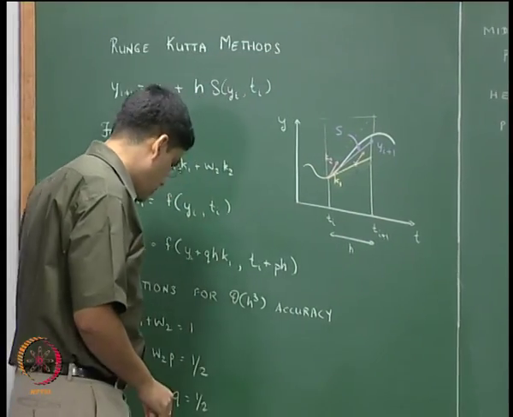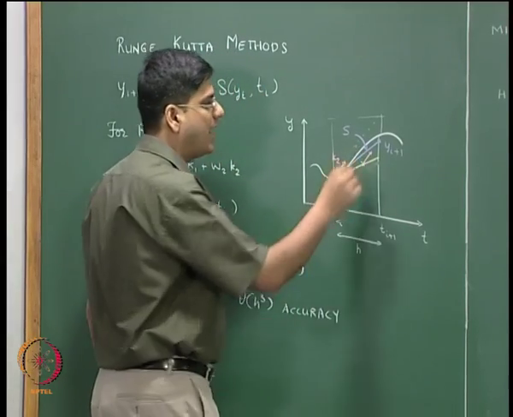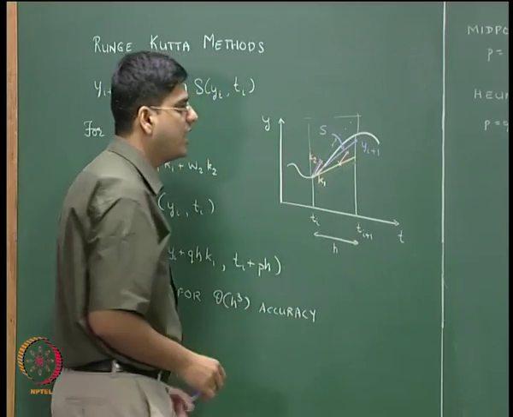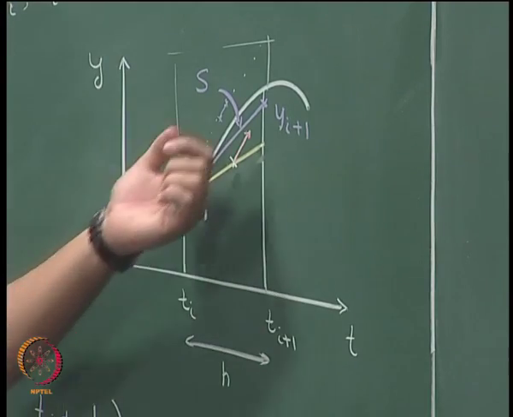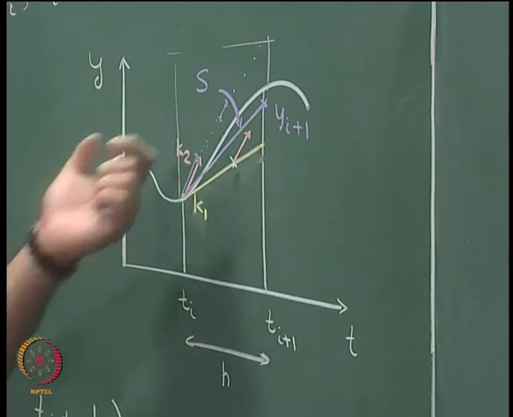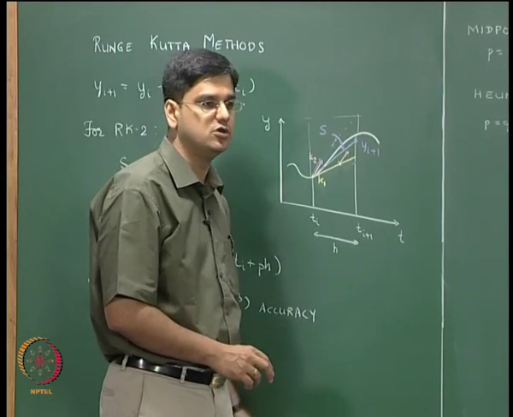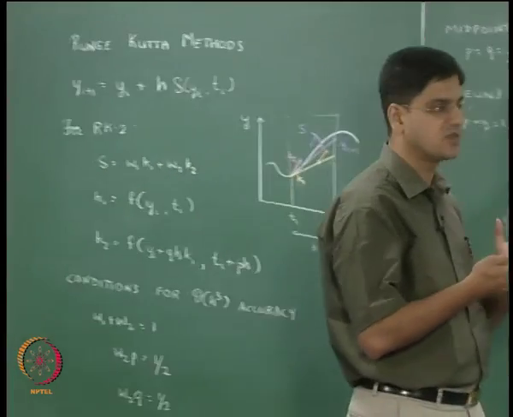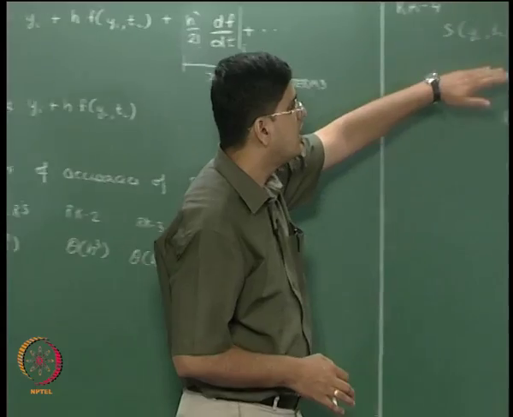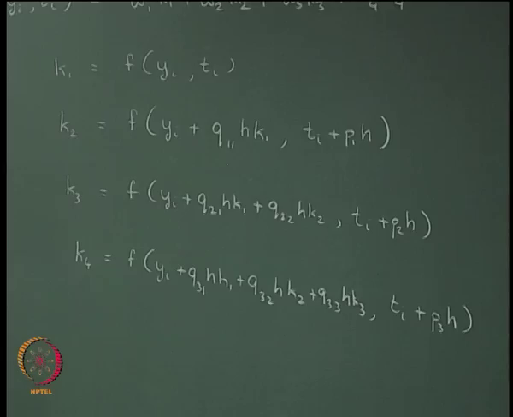The 4th point will also lie in another rectangle so constructed, and that slope will be K4, and the final S that we are going to use in order to compute the term yi plus 1 is going to be a weighted sum of K1, K2, K3 and K4.